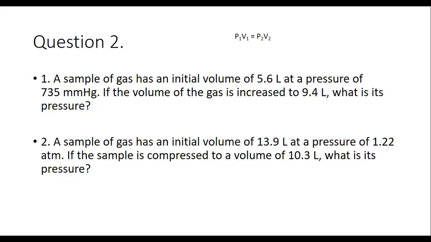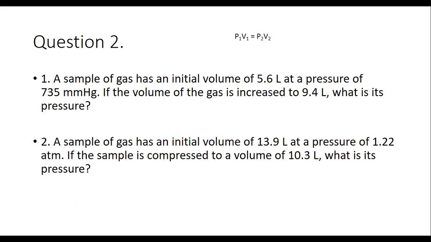So here are 2 example problems with Boyle's Law, and I even have the equation up there for you. Question 1, I have gas initially at 5.6 liters. The pressure is 735 torr. If we increase the volume of the gas to 9.4 liters without changing temperature or the amount of gas, what's our new pressure?